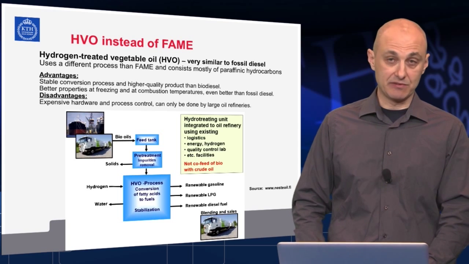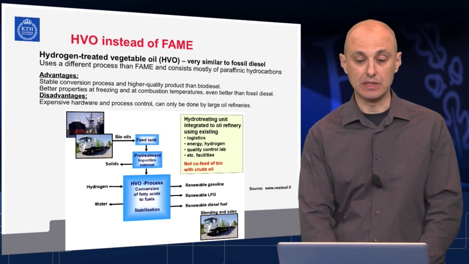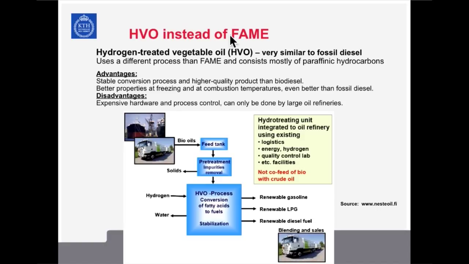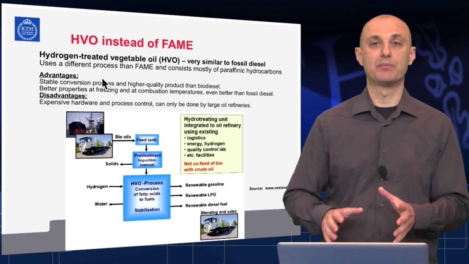There are other types of biodiesel production. Instead of transesterification to fatty acid methyl ester, you could actually do something else. You can hydrogenate or hydrotreat the vegetable oil and produce something that, well, this is a proprietary name, hydrogenated or hydrotreated vegetable oil, something like that, developed by an oil company. You can read about it on your own. There are also other similar processes.